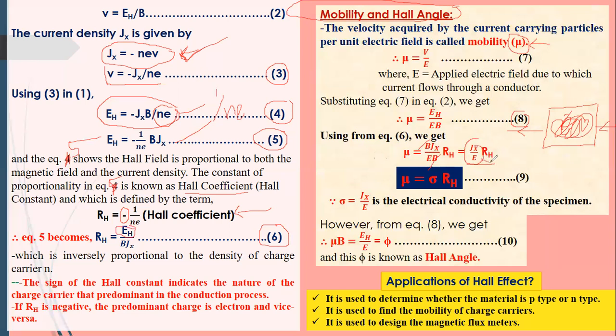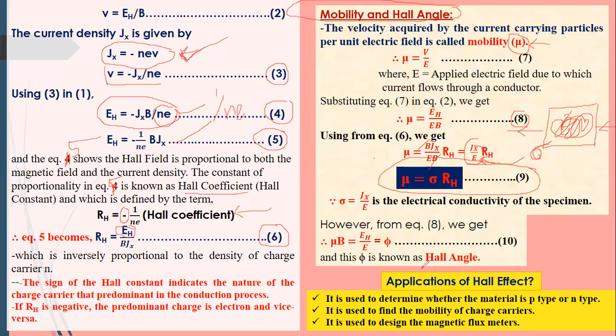So the whole term JX upon E is sigma, the electrical conductivity of the particular specimen. Hence this equation number 9 is the mobility equation.